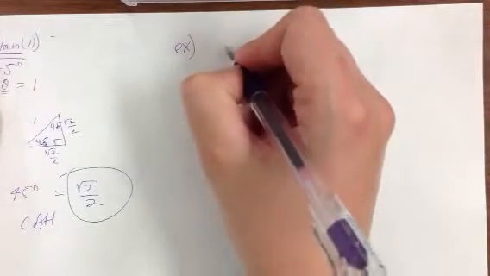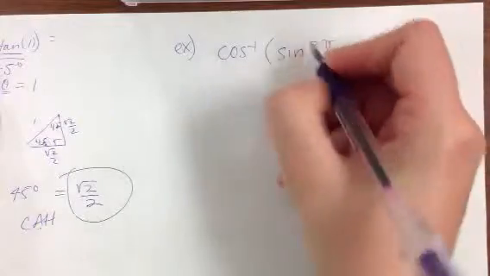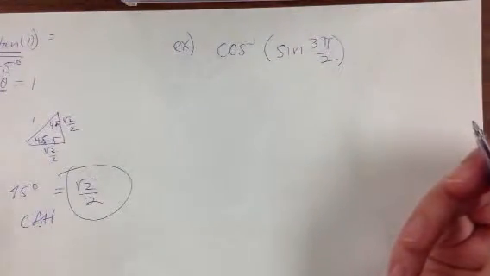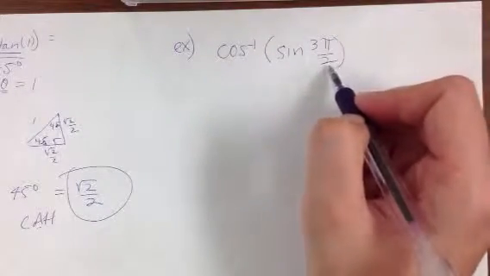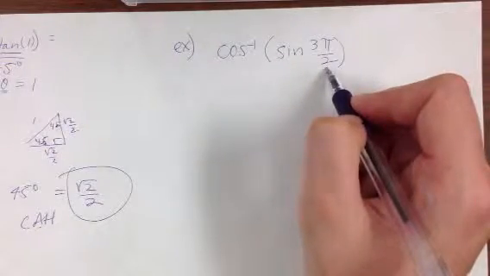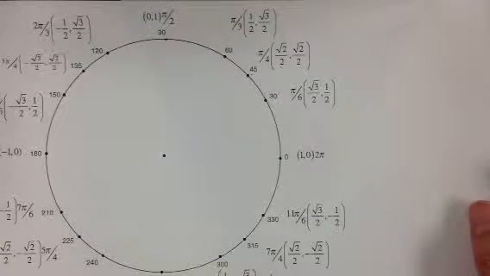So if I think of the cosine inverse of sine of 3 pi over 2. First I just have to think, well, what's 3 pi over 2? If you have this in radians, you could first change it into degrees. If you have it memorized, you could look at your unit circle and say, how many degrees is 3 pi over 2?